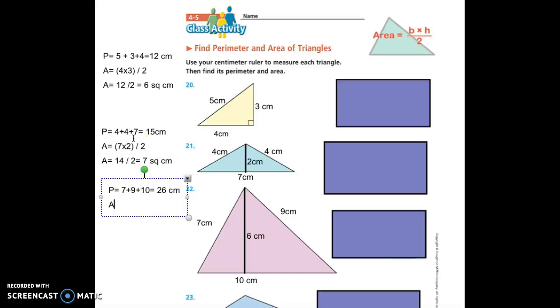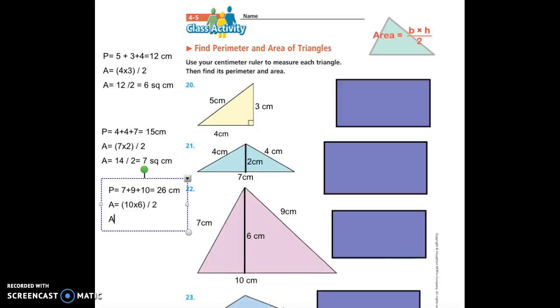And then for area, think about our equation up here. Area equals base times height divided by 2. And go ahead and see if we can calculate that as well. All right. So my base is this number right down here at the bottom of the triangle, 10 times height, which is 6, divided by 2.